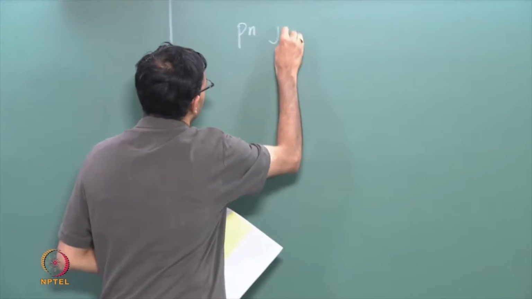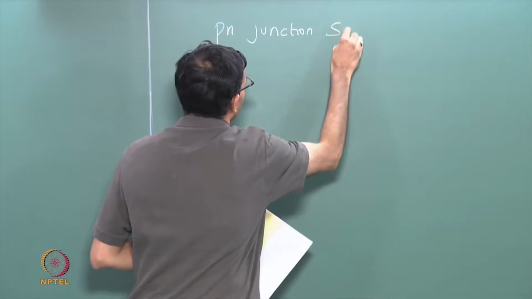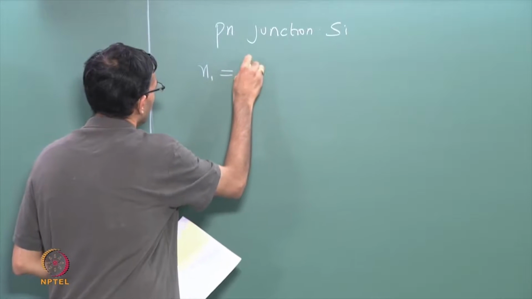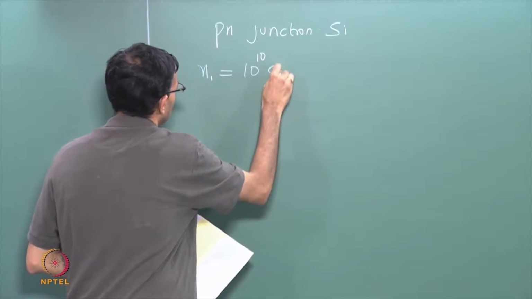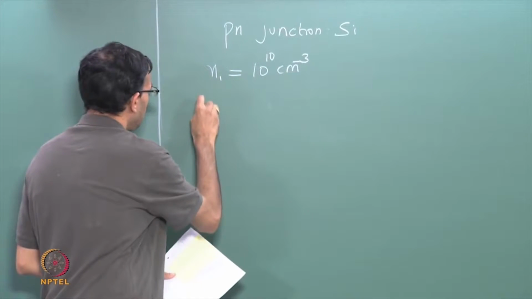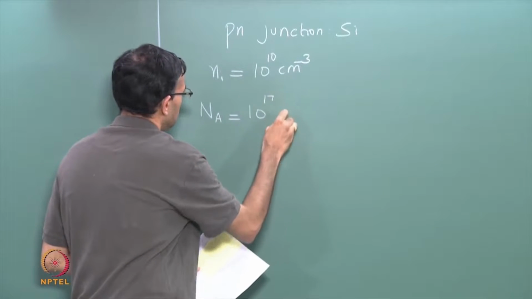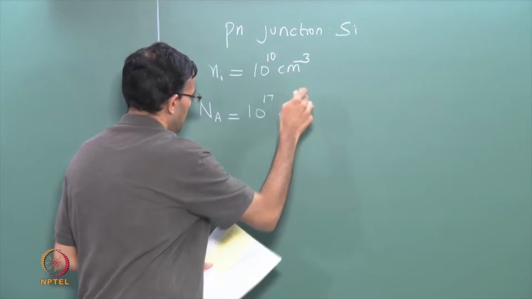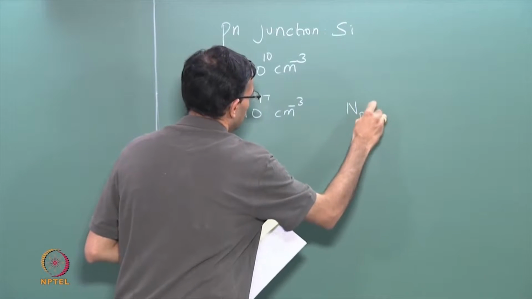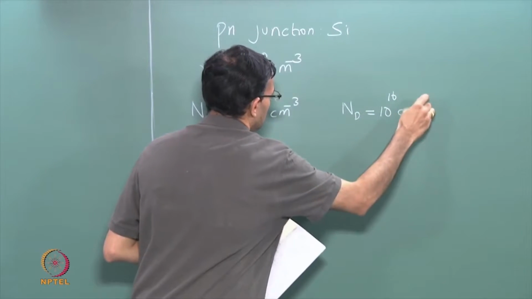So we had a p-n junction with the material being silicon. So Ni for silicon is 10 to the 10 per centimeter cube. We said that we had a p side with an acceptor concentration of 10 to the 17, and we have an n side with a donor concentration of 10 to the 16.